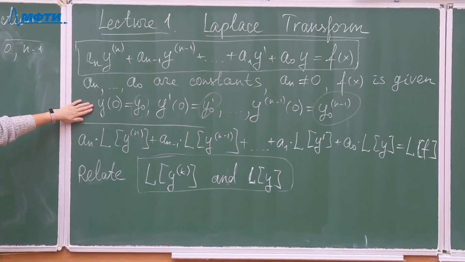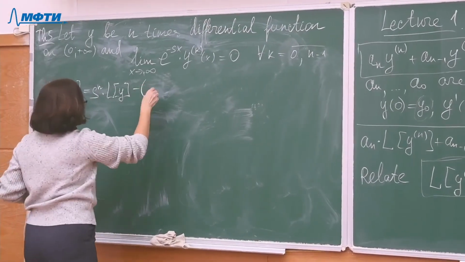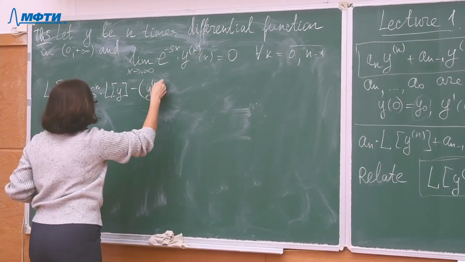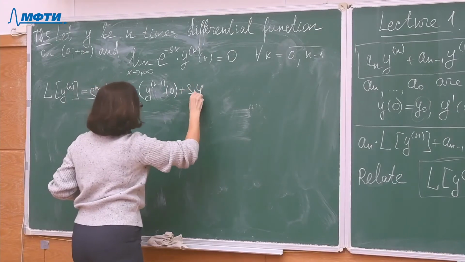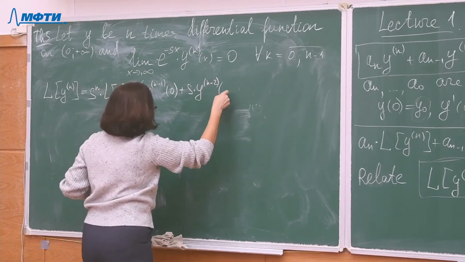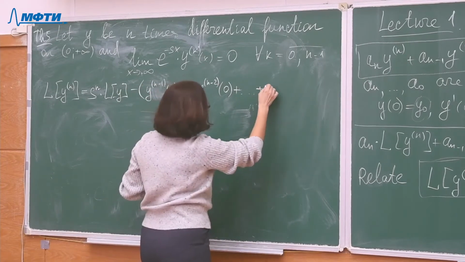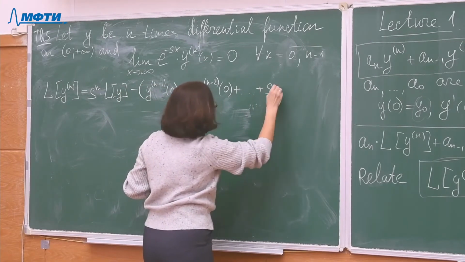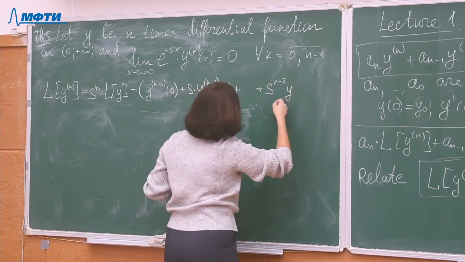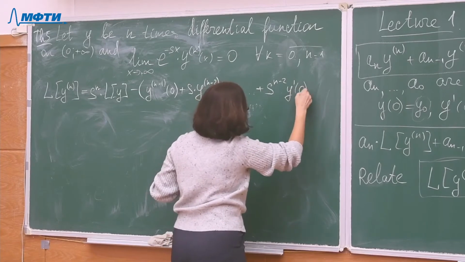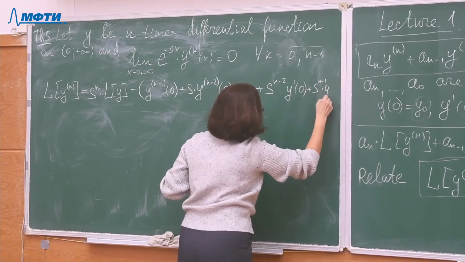Initial conditions will be included. So minus y^(n-1) of 0 plus s times y^(n-2) of 0 plus ... plus s^(n-2) y prime of 0 plus s^(n-1) times y of 0.